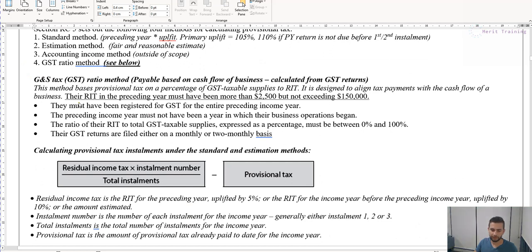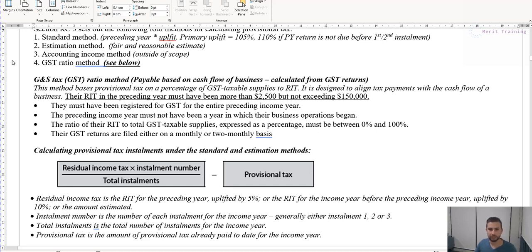The premise of this method is that it's based on the cash flow of the business, right? And the Commissioner knows about the cash flow of the business because the business lodges GST returns. The GST returns are a reflection of how much they're selling, and what purchases it's making in order to claim net GST.